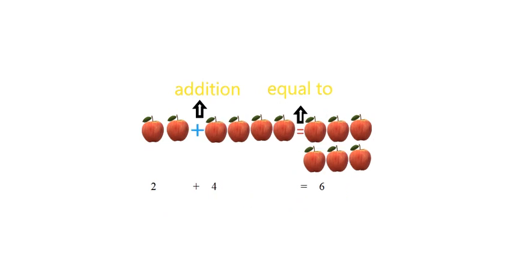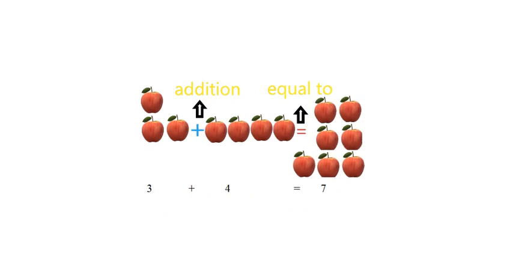Okay, let's move to the next question. You see that here are three apples, right? One, two, and three. And you receive four apples: one, two, three, four. Three apples and four apples.